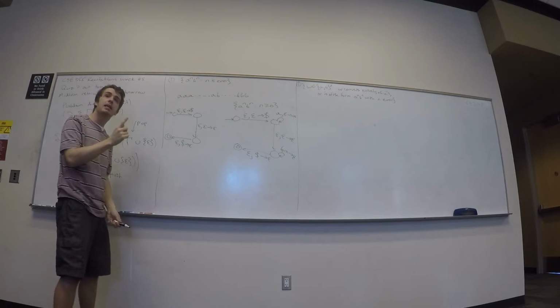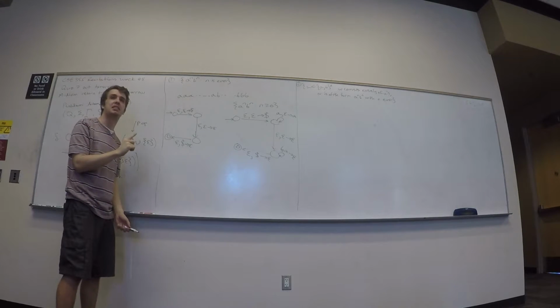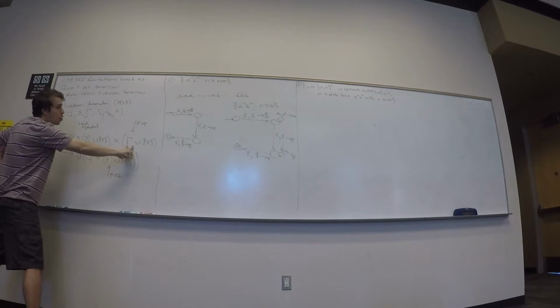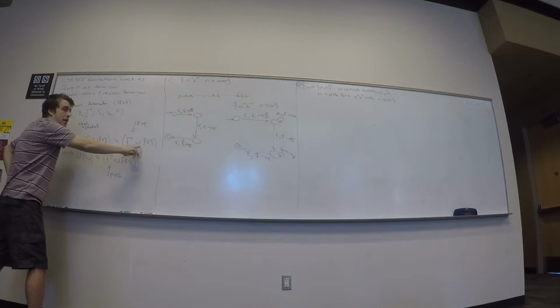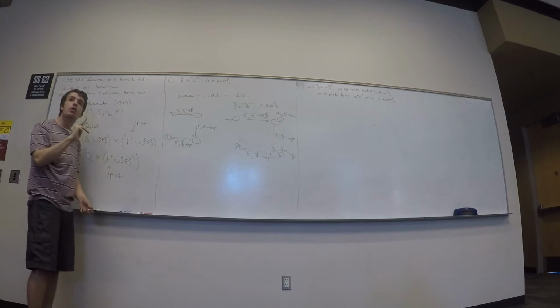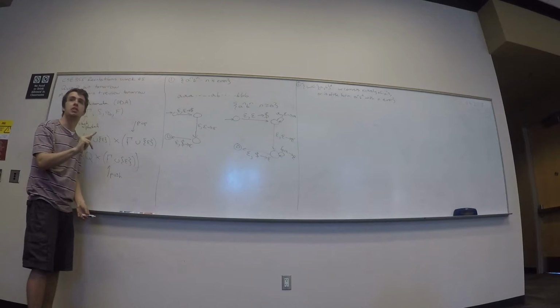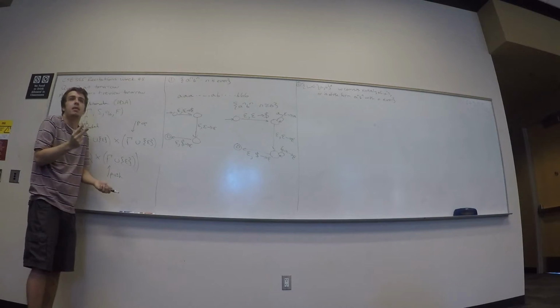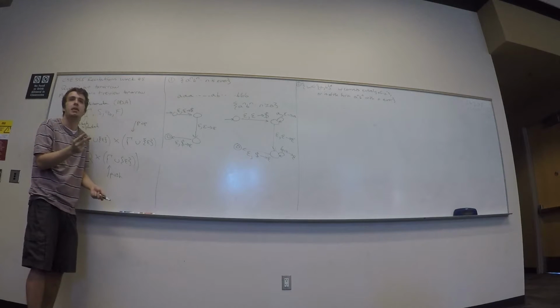Well, can I push 2 things at the same time on the same transition? No, because it just says only one thing could be pushed at a given time, or 0, but at most one thing. So how can I do multiple pushes in one transition? I can't. So what could I do instead?